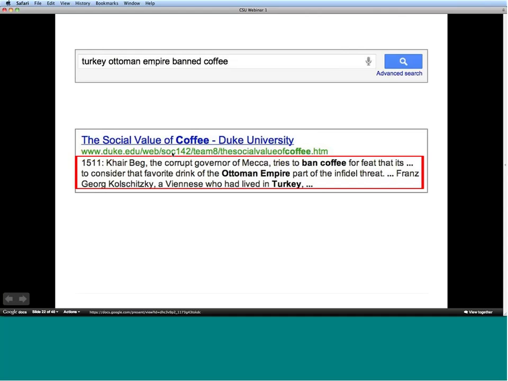This is the snippet. That's our official term for it. The black text shows you where in the web page we found your words, your search terms. It doesn't necessarily show you all the places the search terms appear, but it does show you some of the places. This is intended to give you a sense of what you're going to find when you click through.